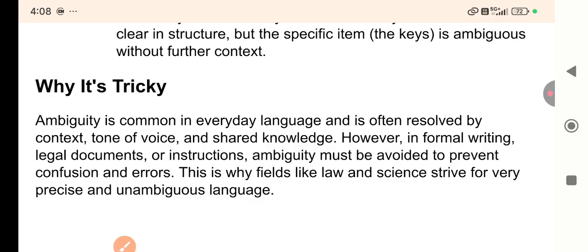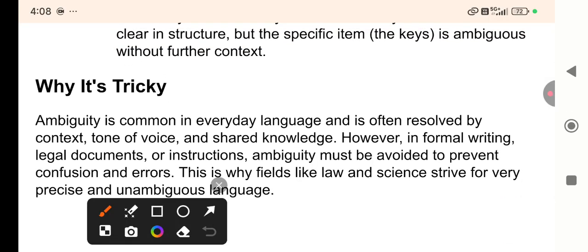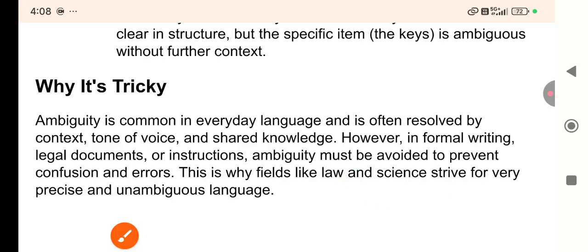So that is why fields like law and science strive for very precise and unambiguous language. Law and science, right? So they are very much consistent.